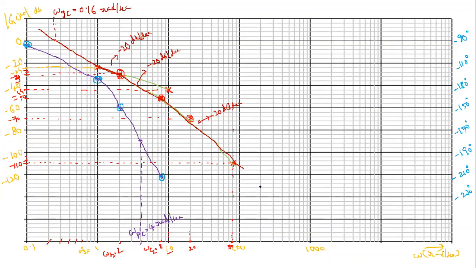Sir, I got 4 radians per second, sir. So same answer. Okay, now we got omega GC and omega PC.